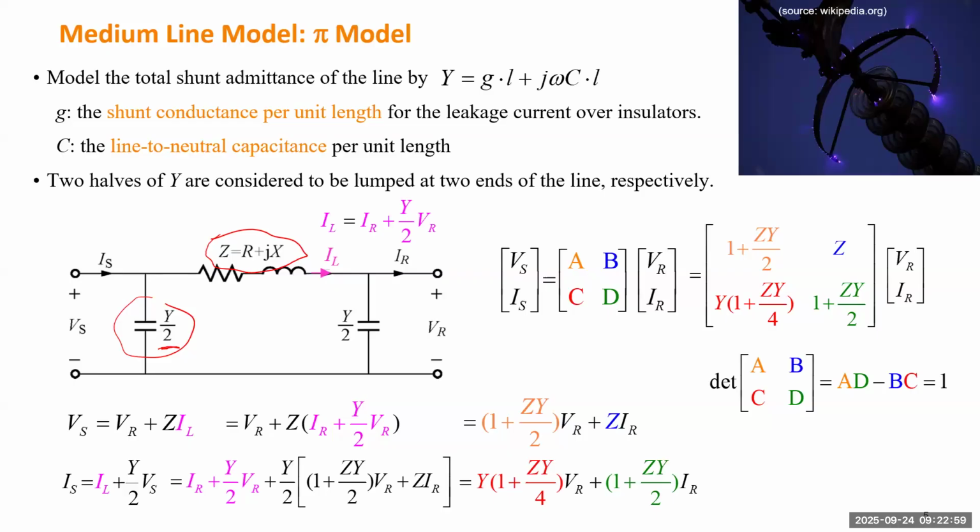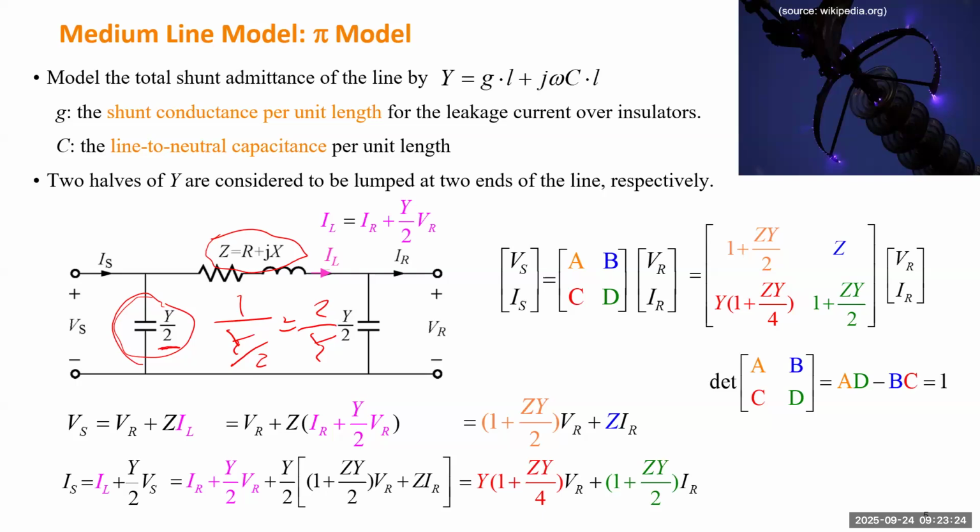So when you solve any problem, if they tell you the half Y here, the half Y really means the admittance. Admittance is the reciprocal of impedance. So if you want to find the impedance, it is 1 over half Y, or 2 divided by Y. So that's really the impedance.